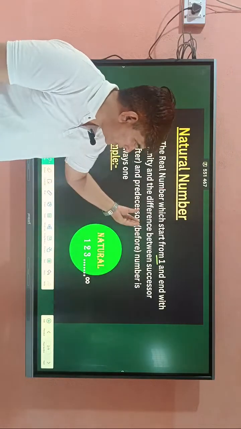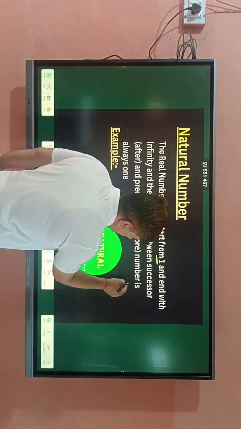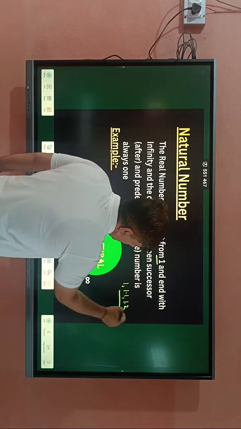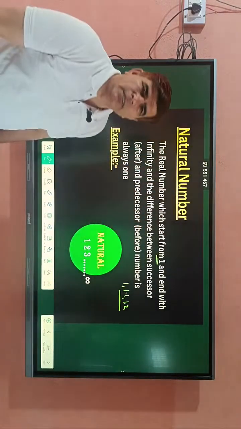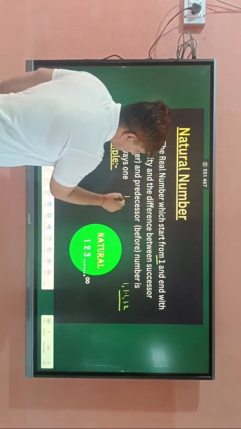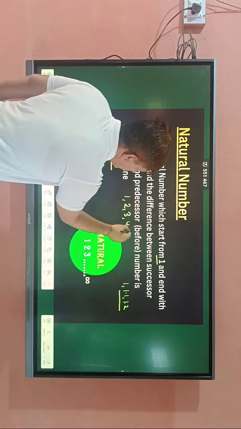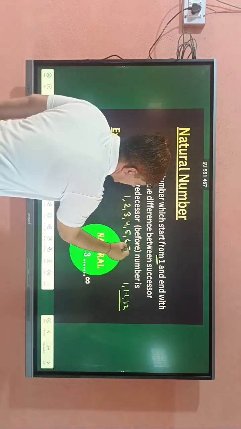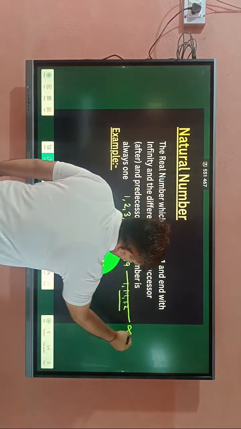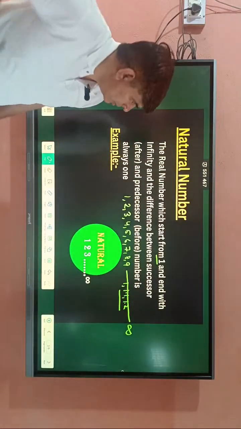If we don't say this, then we could start from 1, then 1.1, 1.2, like this. So what are the examples of natural numbers? 1, 2, 3, 4, 5, 6, 7, 8, 9 till infinity. Understood?